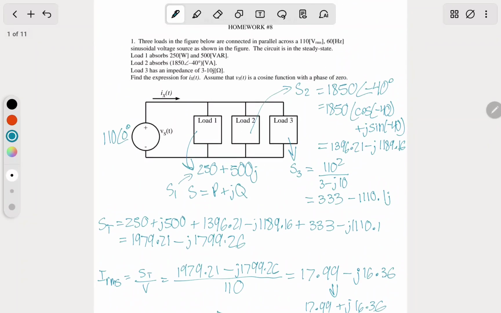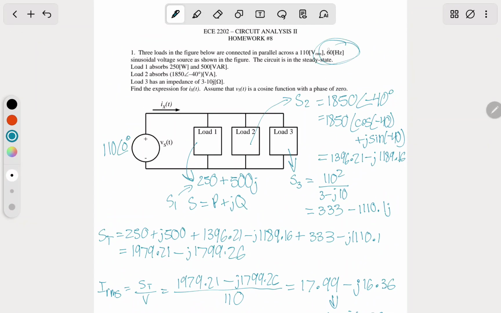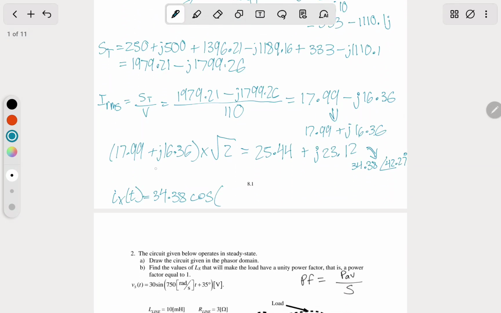The frequency is 60 hertz, so 60 times 2 pi equals 377, times t, plus our angle 42.27 degrees, and the unit is amps.